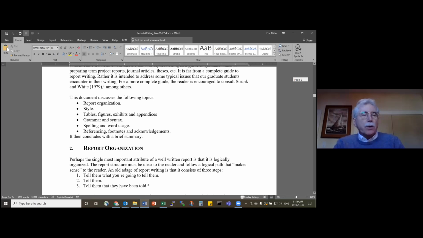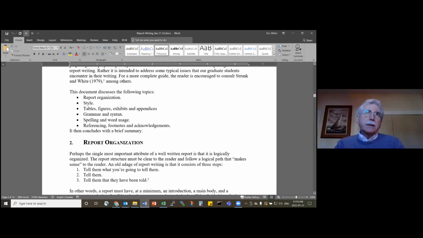One of the themes throughout this talk and this document is consistency, regardless of what the style is, regardless of how you decide to organize things. Be consistent. Be consistent in how you label figures. Be consistent in your use of tense. Be consistent in all sorts of variety of ways. It sounds simple.